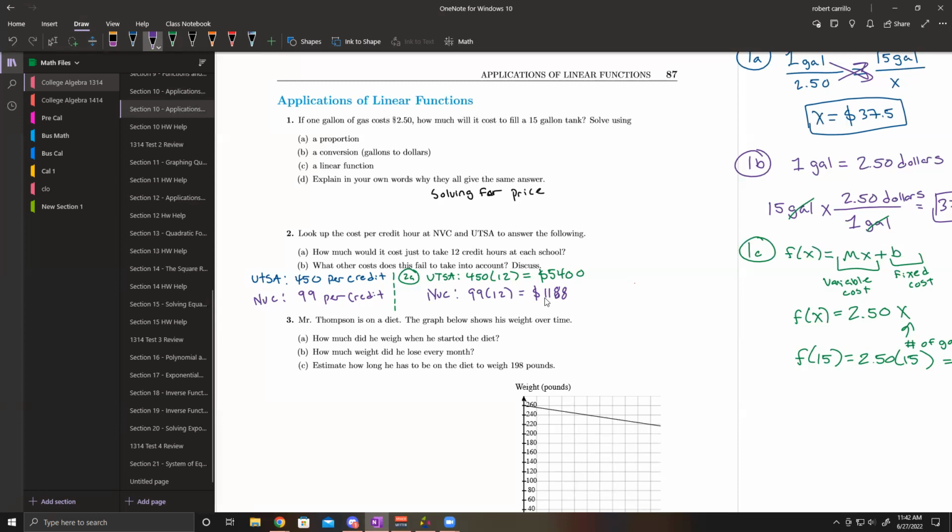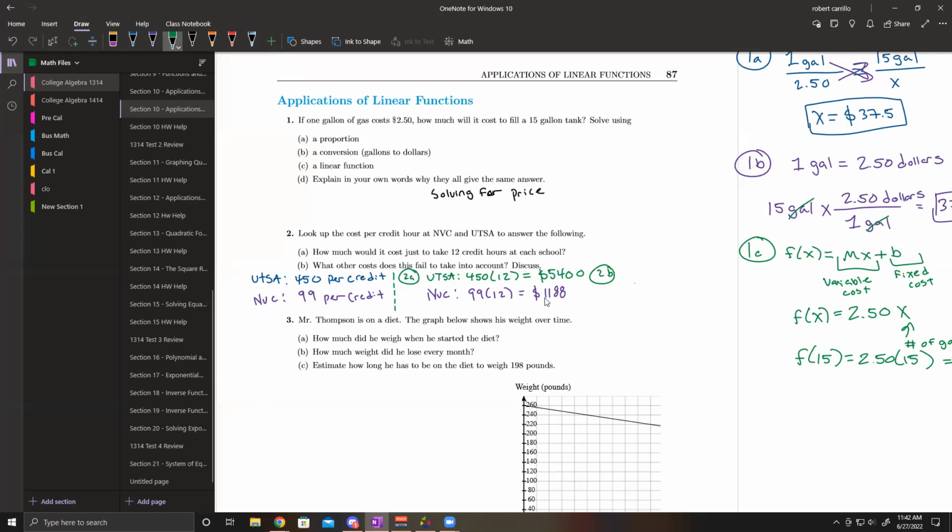All right. So it'd be 1,188 at NVC, which is definitely a better deal. Okay. So some things to take in is that UTSA has all those fees, right?